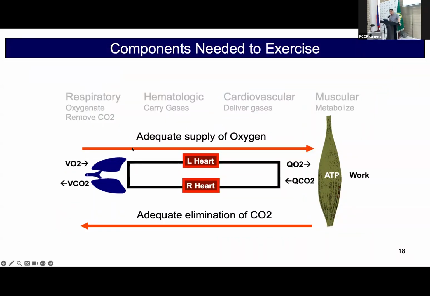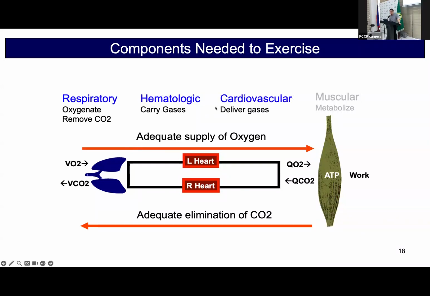So for you to exercise properly, we need the respiratory system, which is going to oxygenate and remove carbon dioxide from our blood. We need the hematologic system, which is going to carry these gases. We need the cardiovascular system, which is going to deliver these gases. And we need the muscle to be able to use that oxygen and convert it into ATP.